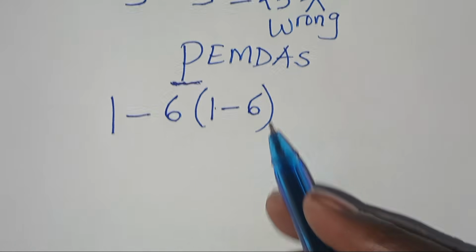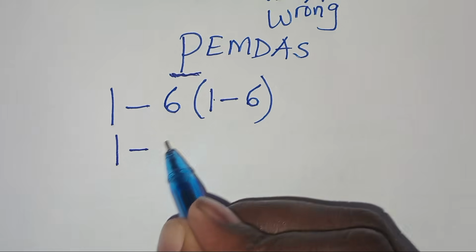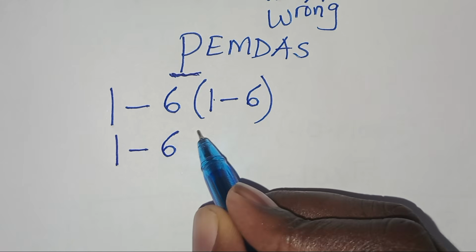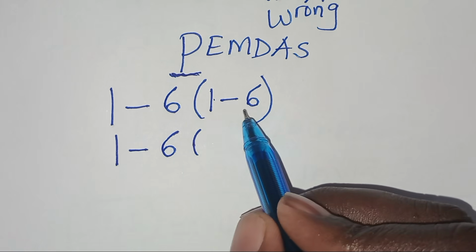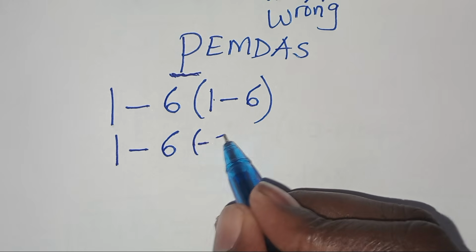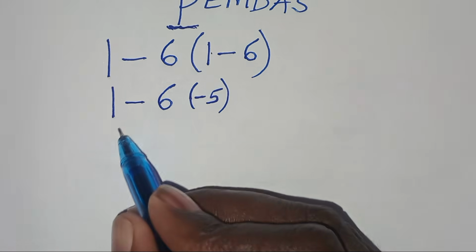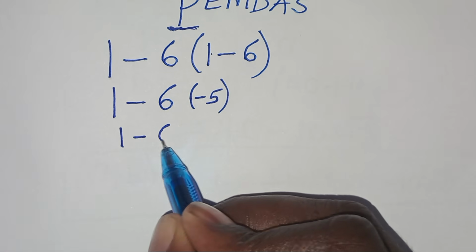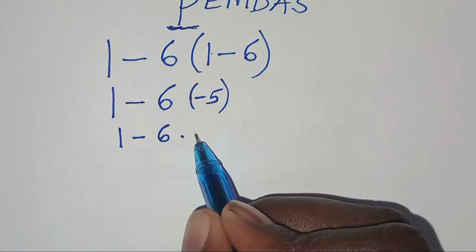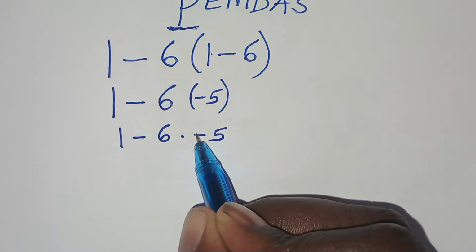Let's start with this first. 1 minus 6 in the parentheses is negative 5. So now we have 1 subtract 6 multiplied by negative 5.